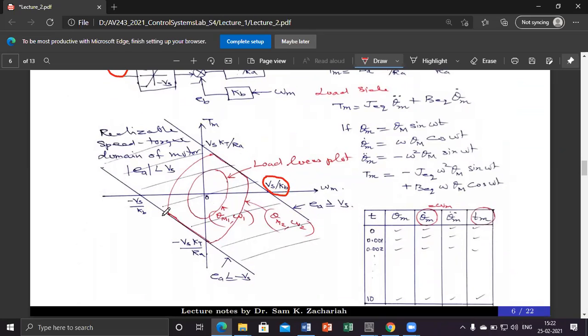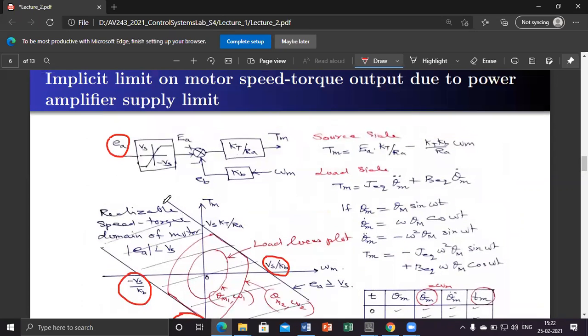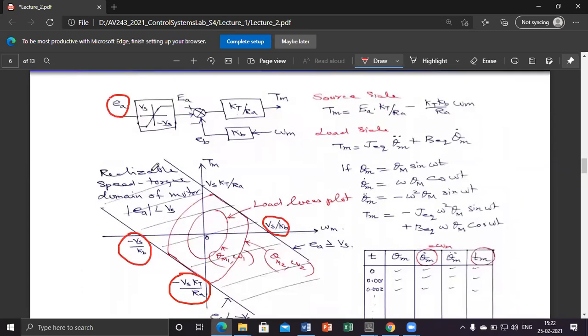Similarly, on the negative side, we have minus Vs KT by Ra as the stall torque and minus Vs by Kb as the no-load speed. Hence, from the motor point of view, your speed-torque characteristics will be lines parallel to these two lines and lying within these two boundaries. That's what I have hatched.